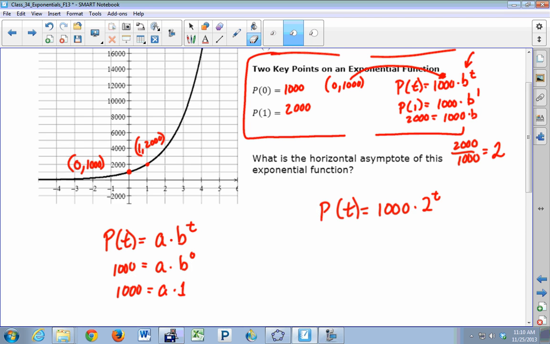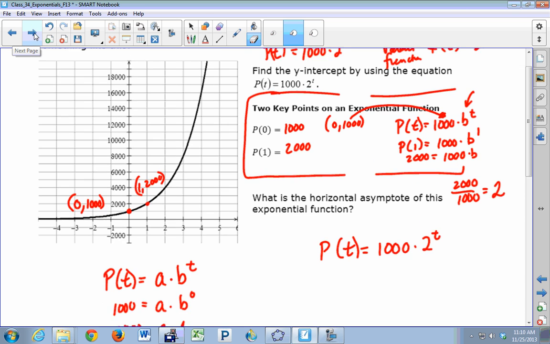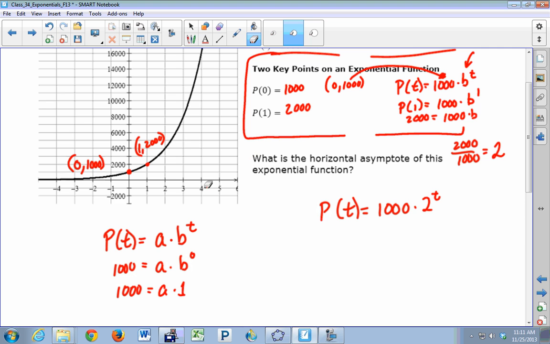Just like when you go on a linear function, when the change in x is 1, you look at the difference in your y values. The same is true here, right? 2,000 is to 1,000 as 2 is to 1. And that gives you your base right there. And for this particular function, that's how you write it. Okay? So that's how you can come up with an exponential function from looking at its graph.